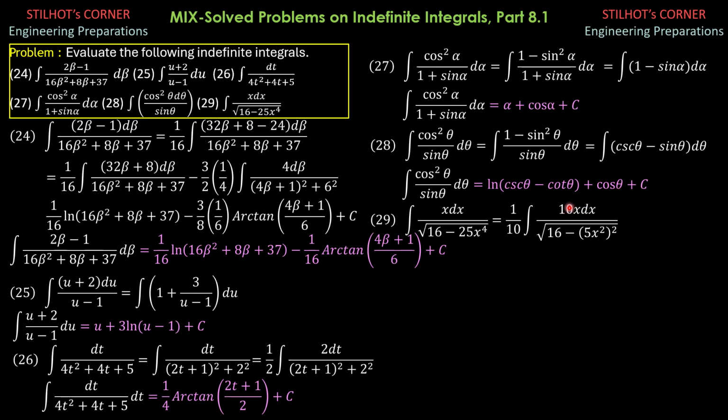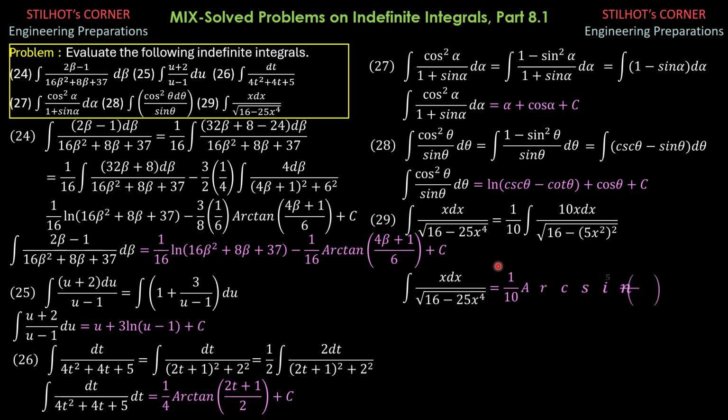That's why you put the reciprocal of 10 before the integral sign, and this is now in the form du over square root of 4 square minus u square, whose integral is arc sine of u over a, and a is 4, the square root of 16.